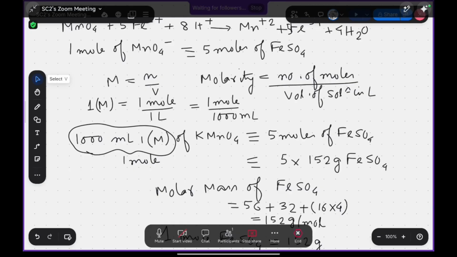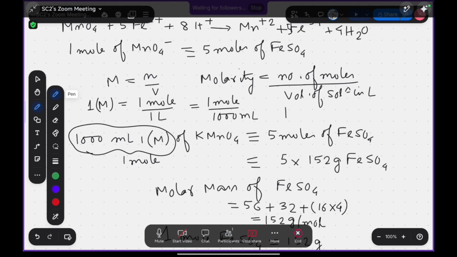Or 1 mole can also be written as 1000 milliliter 1 molar, because molarity is number of moles by volume. 1 molar means 1 mole by 1 liter, or 1 mole in 1000 ml. 1 molar is the concentration unit. That means 1000 ml 1 molar KMnO4 oxidizes 5 moles of ferrous sulfate.